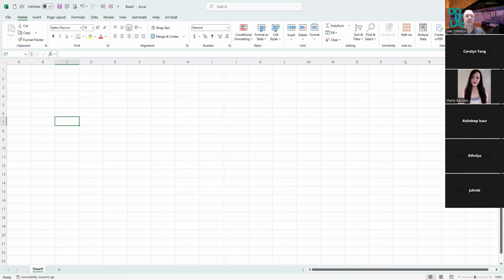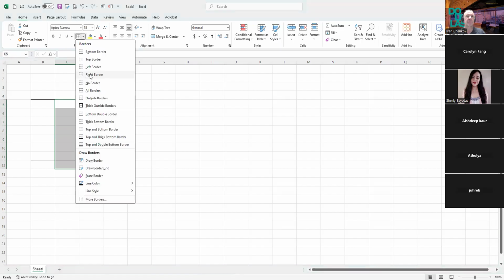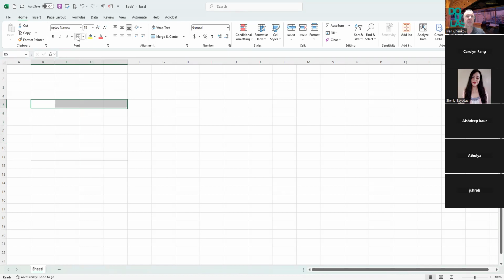This is our Excel spreadsheet. So let's do this. First, let's get the T account for retained earnings. Let's make it like a T account, with beginning balance and ending balance.